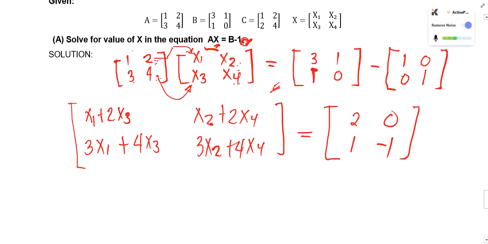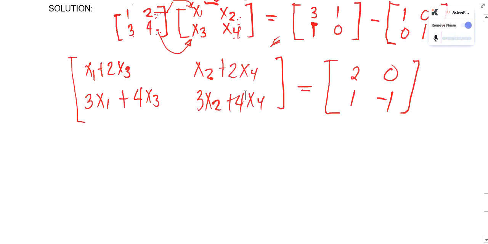So, anong gagawin natin to solve for the values of our X1? So, ito yung magiging matrix natin. So, kukunin na natin yung equation. This matrix is equal to this matrix. So, pag inadd mo yung X1 plus 2X3, ang lalabas dyan is 2. So, yan yung first row, first column. Yung X2 plus 2X4 equal siya sa 0.